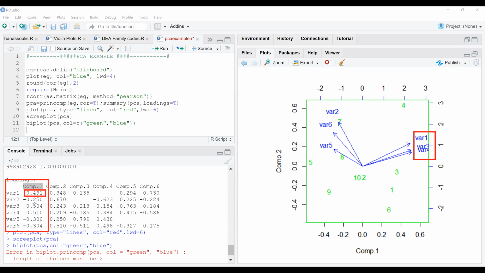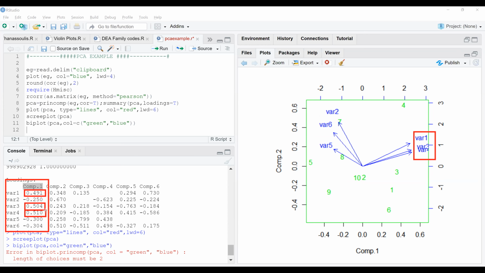Do we have variable 2 there? No, we don't have variable 2. We have variable 4, isn't it? We have variable 4 because variable 2 is on the top here. So variable 4, you now highlight variable 4. And then the last variable is variable 3. So you also highlight variable 3.